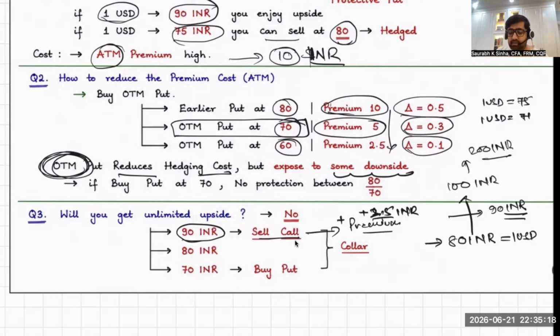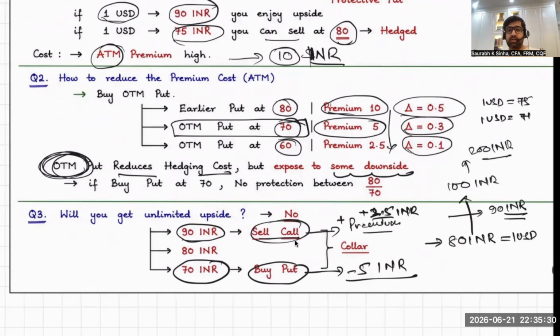And at the same time, you're buying a put option which had a premium of 5 INR, which you have to pay. So it is an outflow because you're buying a put option. Here you're selling a call option, right? In total, you haven't incurred a hedging cost of 5 INR, which was the earlier cost when you're buying only an out of the money put option. Now it has reduced from 5 INR to 2.5 INR only.